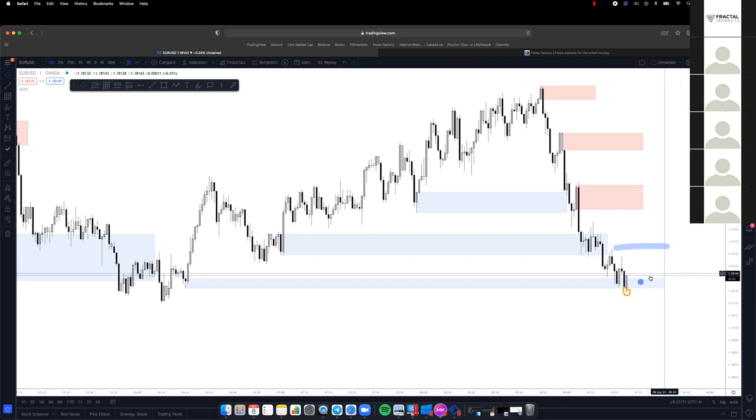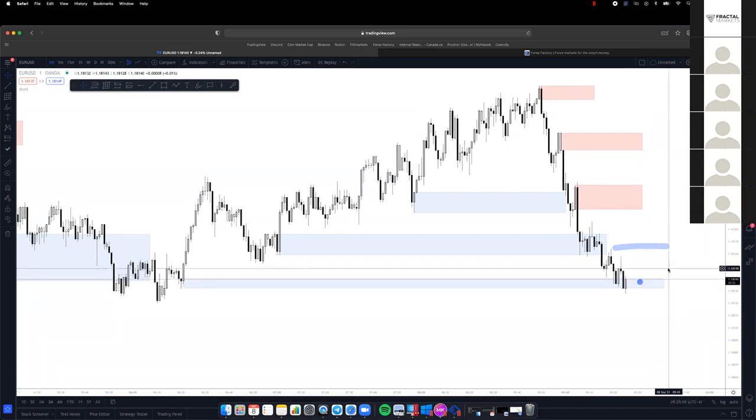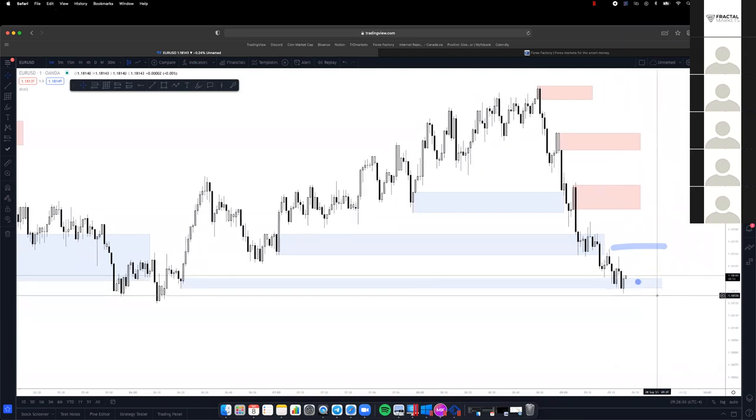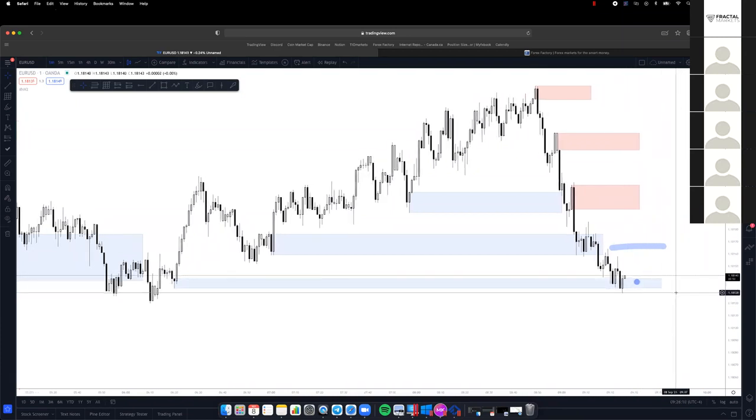So yeah, no clean setup right now, in my opinion. I'm not just going to take trades to get into trades, man. That's all. As long as you've got your criteria, that's what needs to be considered.